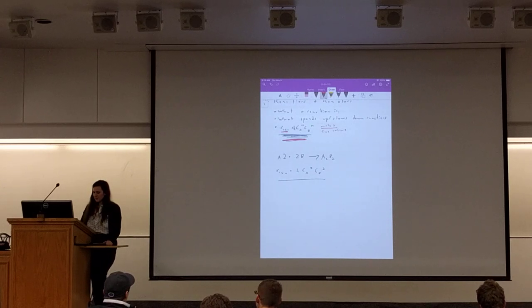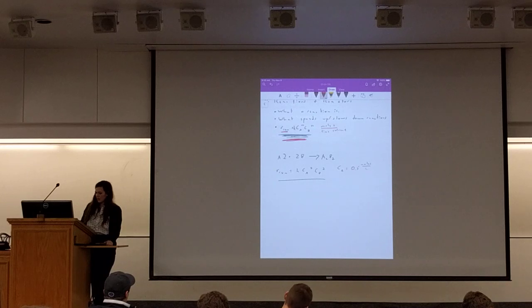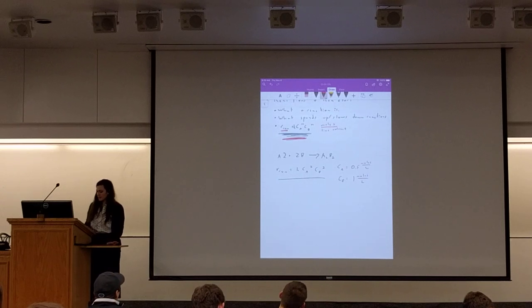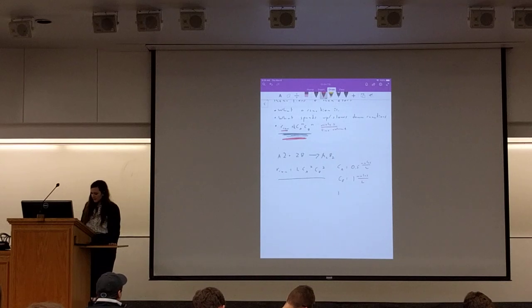If you figure out, for example, that Ca is 0.5 moles per liter and Cb is 1 mole per liter, and then K, so let's think about this.